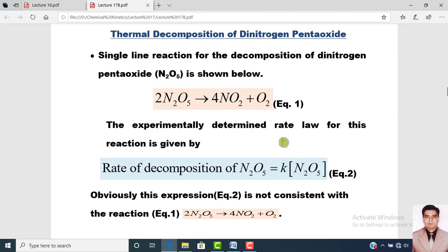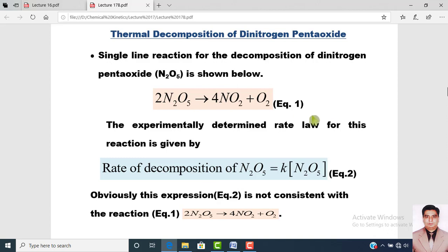But when we experimentally determine the rate law for this reaction, surprisingly it is totally different from equation number 1, because according to the experimentally determined rate law for this thermal decomposition of dinitrogen pentoxide, the rate of decomposition of N2O5 is equal to k times [N2O5]. It means the rate of decomposition of N2O5 looks first order, but according to equation number 1, it looks like a second order reaction.